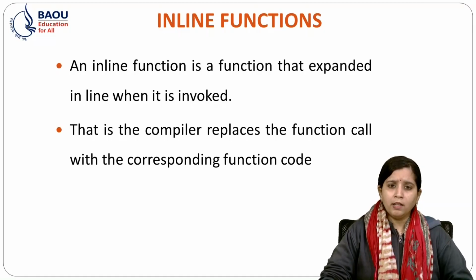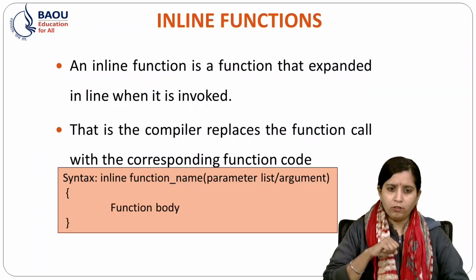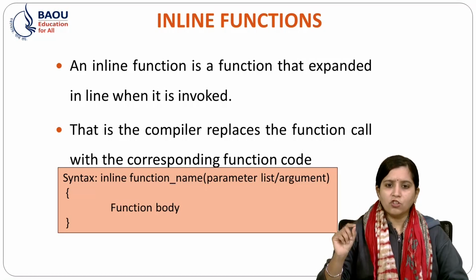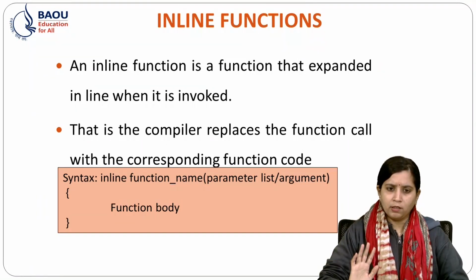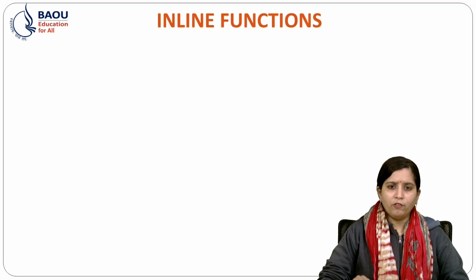So let's see how an inline function example works. First we will see the syntax of inline functions: inline, the keyword, then the function name, the parameter list or arguments, and the function body. So let's see the example of an inline function.